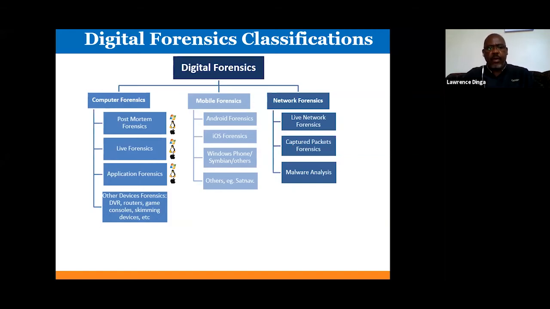In computer forensics, you have different categories. We have what we call postmortem forensics, live forensics, application forensics, and other devices. When we talk about postmortem forensics, this is where you use tools to acquire, process, analyze, and report data that is stored on a computer or any other digital device when that computer is off.